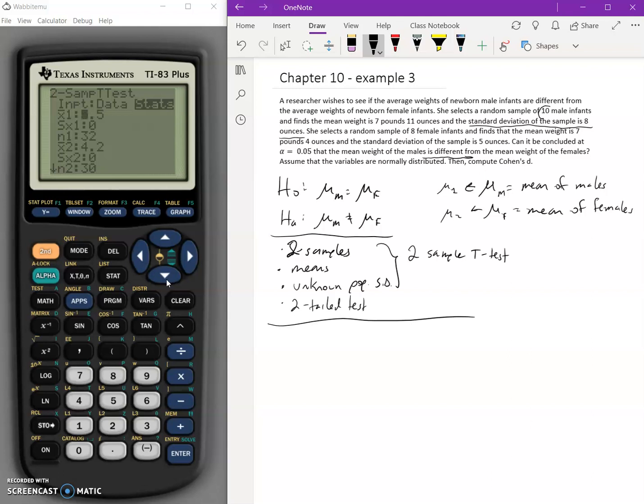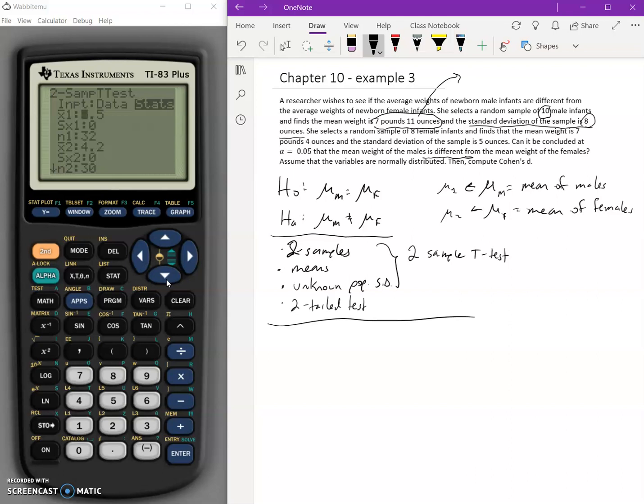So we see that there were 10 male infants, a mean of 7 pounds 11 ounces, and a standard deviation of 8 ounces. So the mean, you might be thinking, okay, 7 pounds 11 ounces, what do I do with that? Now, remember, the standard deviation has the same units as the regular data values, as everything else that we're using. But the mean right now is in pounds and ounces.